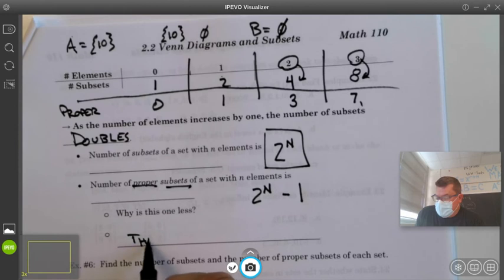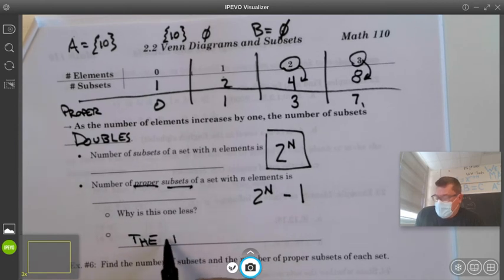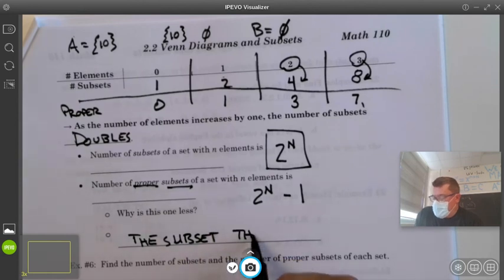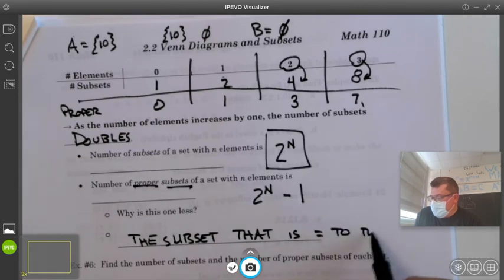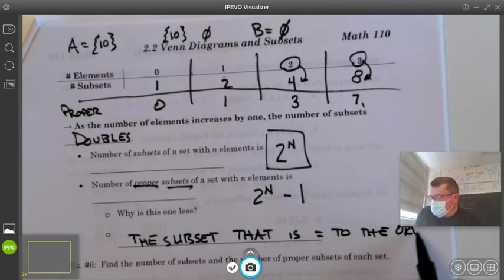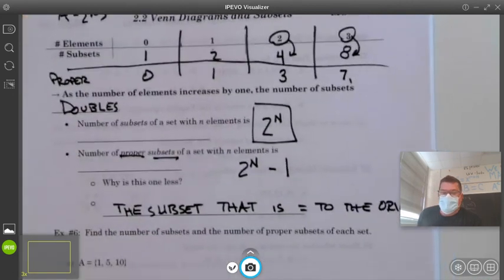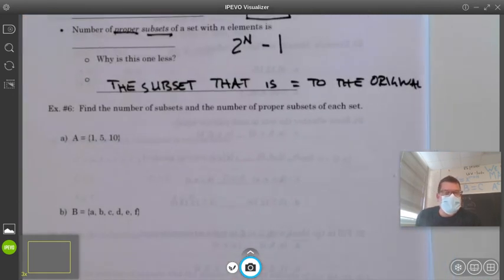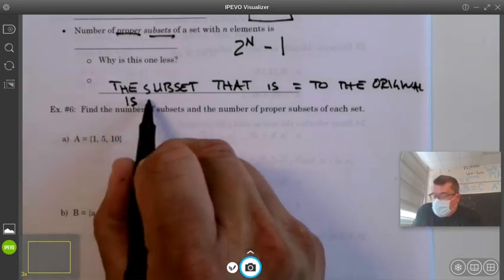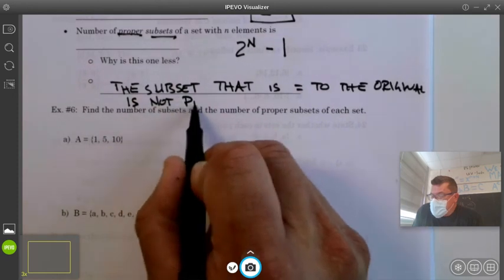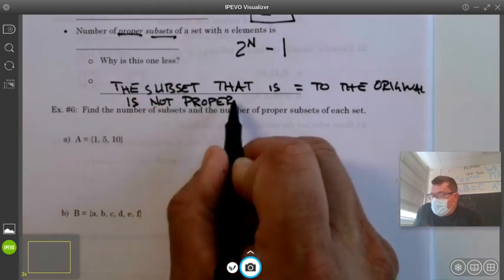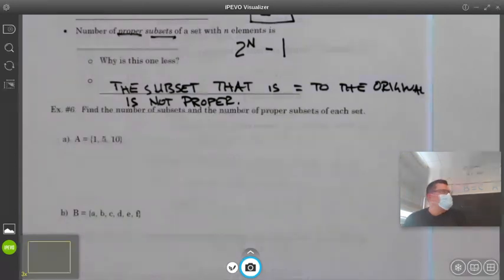The subset that is itself, or the subset that is equal to the original set, is not proper. How do you feel about that? That's why there's 1 less.